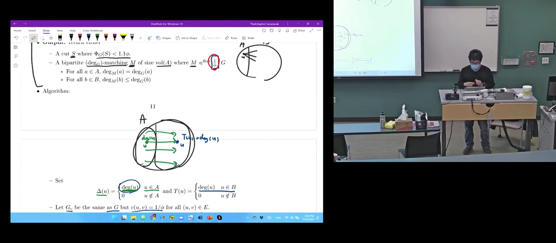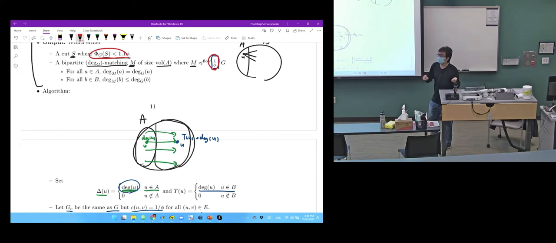Suppose there is no phi-sparse cut in the graph. Then you know that you can always embed a matching with congestion 1/5. And if there is a phi-sparse cut, you know that you cannot embed a matching with congestion better than 1/5.